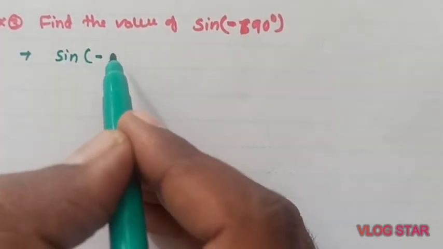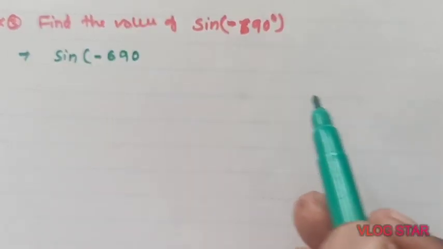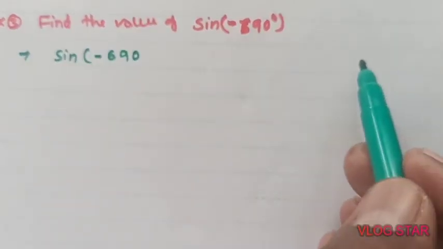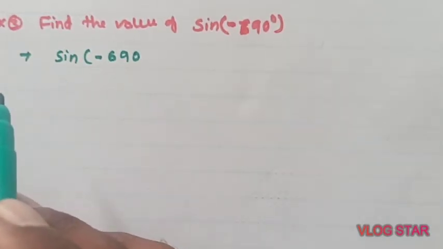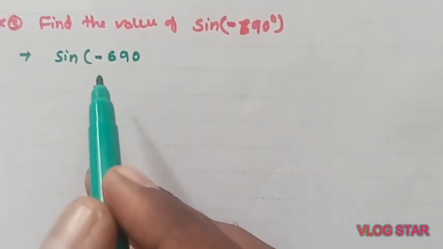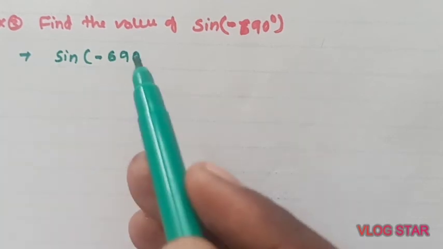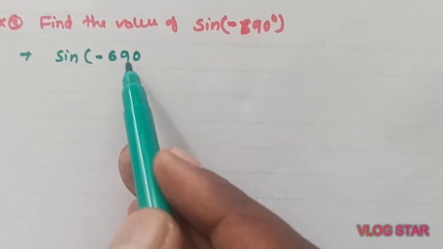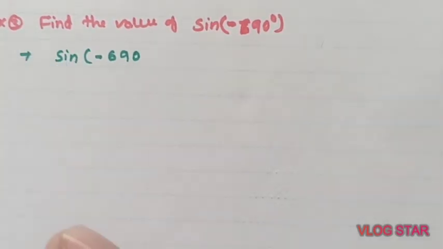So we will convert this sine of negative 690. As you know that after every 2 pi, after every rotation, the value of the trigonometric function repeats. So it means I can add multiples of 360, or I can subtract multiples of 360 from the given angle, then the value of the trigonometric function remains constant.